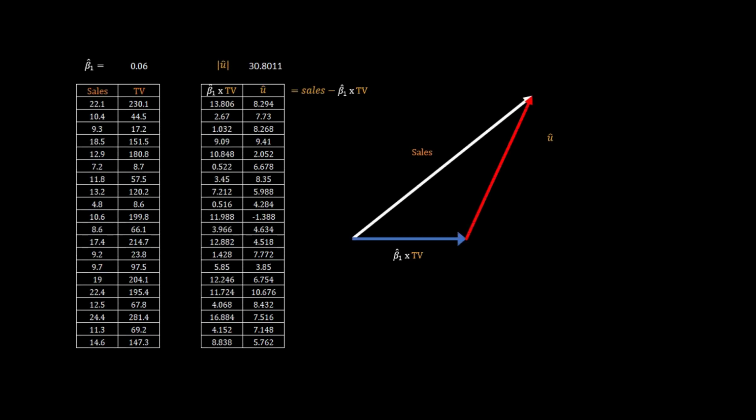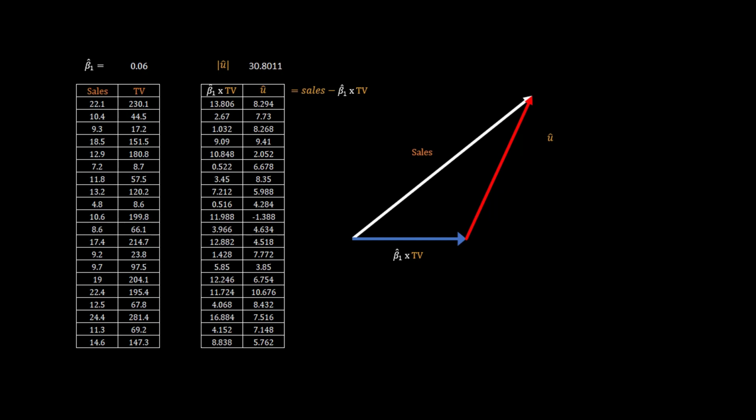So now let's have everything in one place. Assume that beta 1 hat is 0.06 for now. The first table has the data for sales and TV as originally observed. The second table shows how the sales is broken into two components.